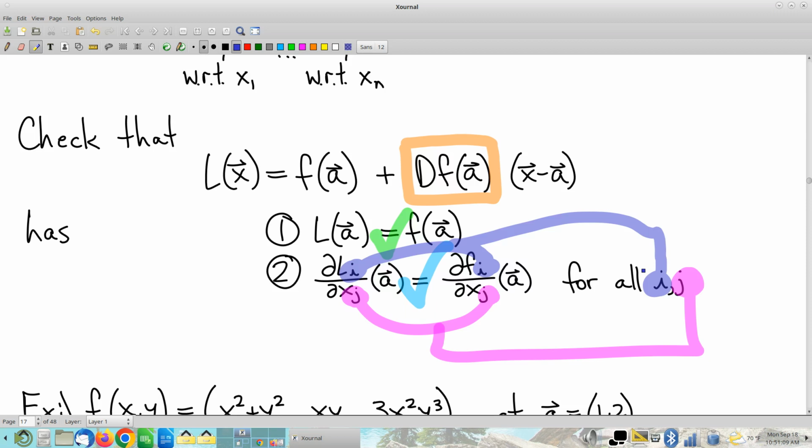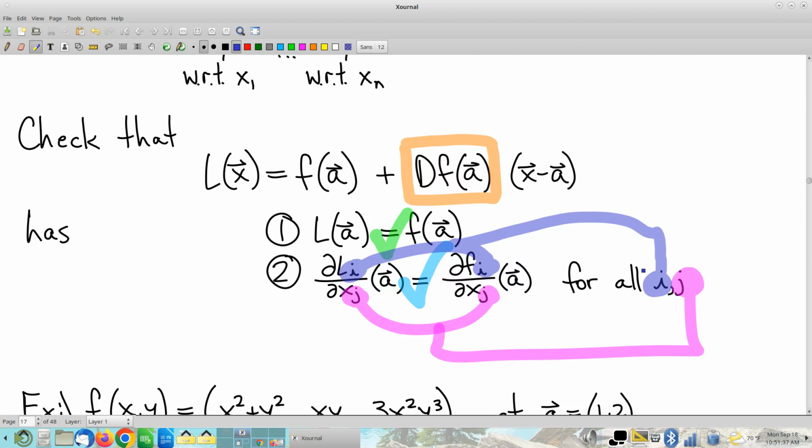Think about a function f that has, let's say, 2 input variables and 3 output variables. And then write down exactly what this matrix is. And then expand and write down all the terms. There's only 6 of them. It's not that bad, right? And then confirm, just directly, by brute force, that we have the right value, and we have all of the right partials.